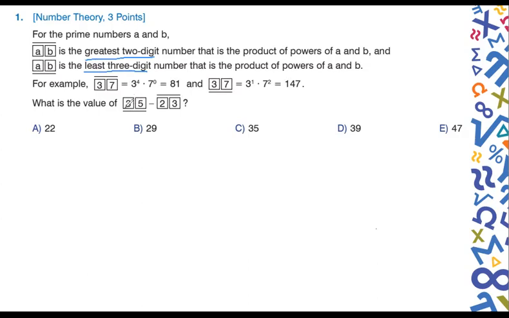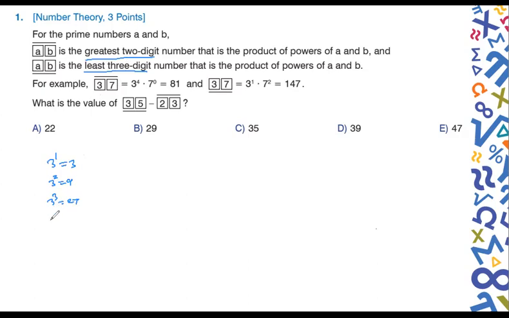Since we have 3 and 5 and the bar is at the bottom, we are looking for the smallest three-digit number. To do this problem, I will try writing the powers of 3s and 5s just to make sure I don't miss anything. You can write the 0th power as well, but I'm going to skip for now. And 27. And you're going to find the three-digit numbers as the smallest number.